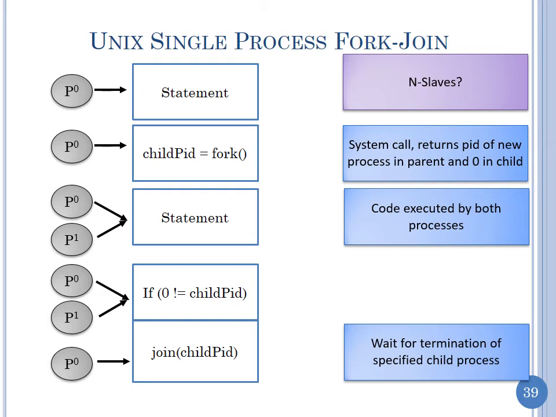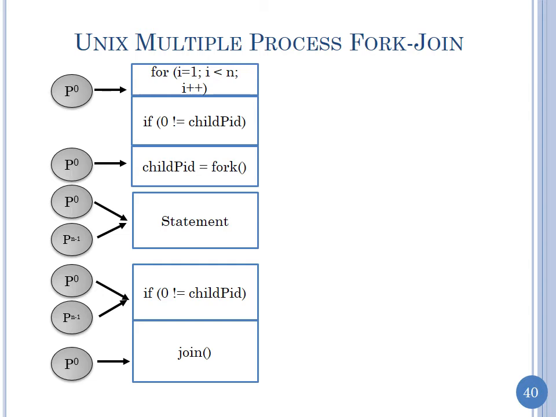And what if I want to create n children? Given these abstractions, maybe some variation of them, how could I do that? Especially those of you who've done operating systems. Yes, indeed, we can put a loop there, and we can have a join with no arguments, which is easier, and just says wait for all the child processes to die.